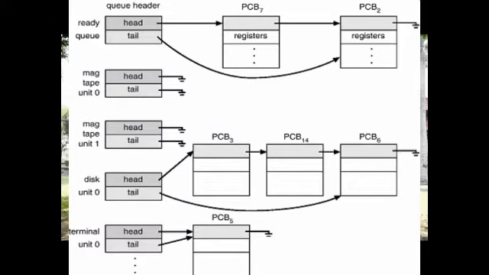Queuing diagram. A common representation of process scheduling is the queuing diagram. The queuing diagram represents queues, resources, and flows. Two types of queues are present: the ready queue and a set of device queues. Once the process is allocated the CPU and is executing, one of several events can occur.